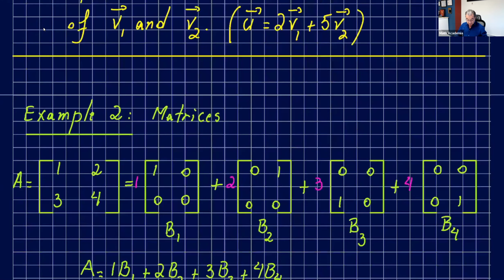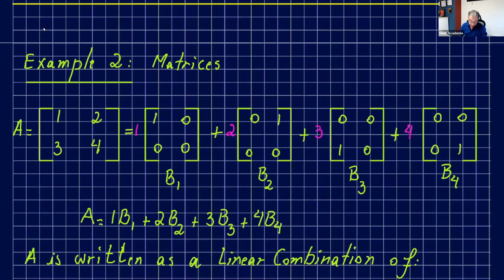With matrices, again, if I have a matrix A, 1, 2, 3, 4, I can write that as 1 times this matrix, which is 1, 0, 0, 0, 2 times that matrix, 3 times that, and 4 times that.